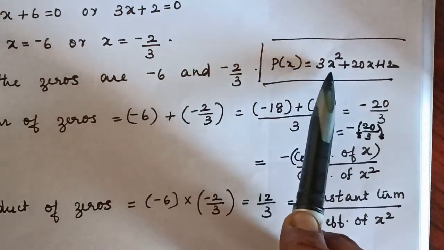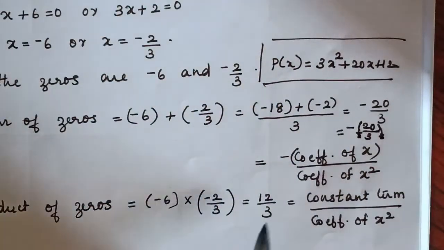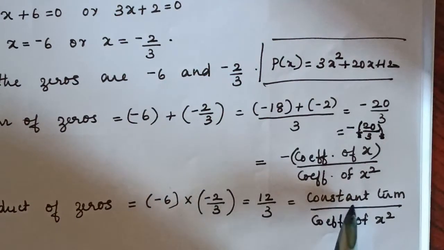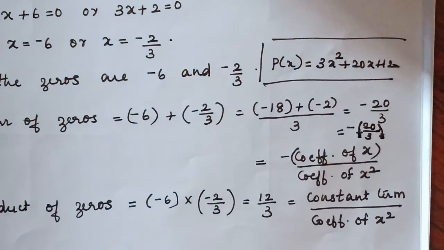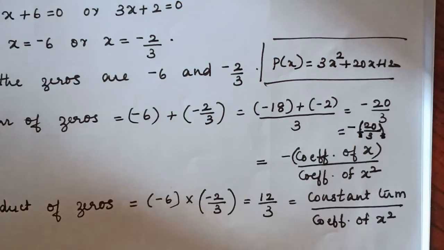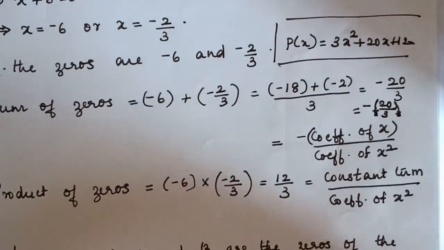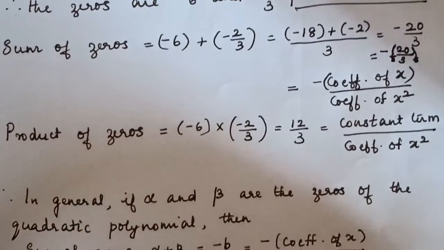That is the coefficient of x squared. So 12 by 3 we can write as constant term by coefficient of x squared. So from this we can understand that there is some relationship between zeros and coefficients of a quadratic polynomial.